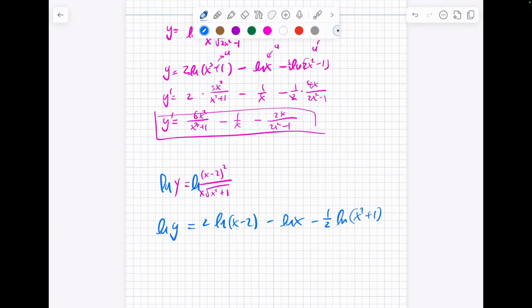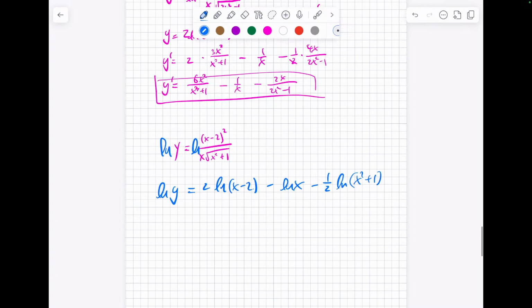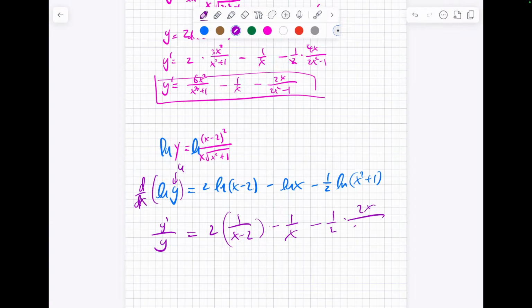Now I'm going to do a derivative. This part is the only part that's a little bit more difficult. This one is just y prime over y, or dy/dx over y. And I'll just take a derivative of this, 2 over x minus 2, because this is u, right? So it's u prime over u, in this case y prime over y, minus 1 over x, minus 1/2 times 2x over x squared plus 1.